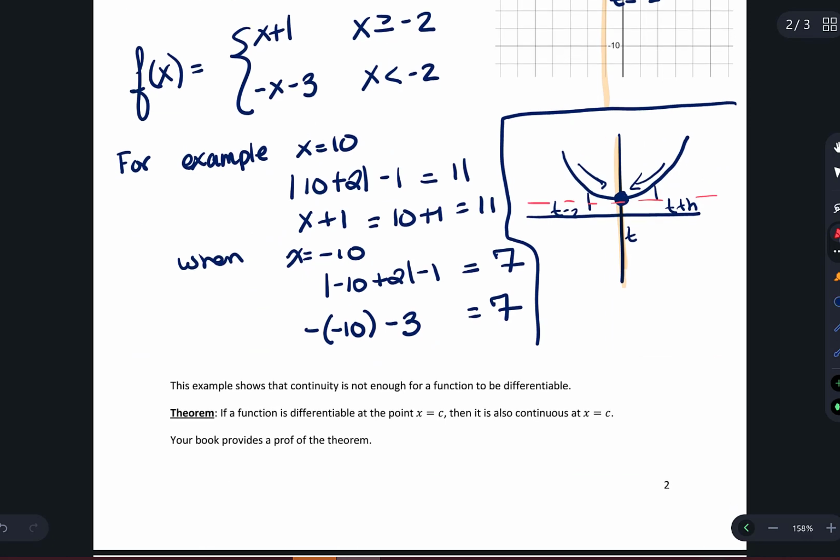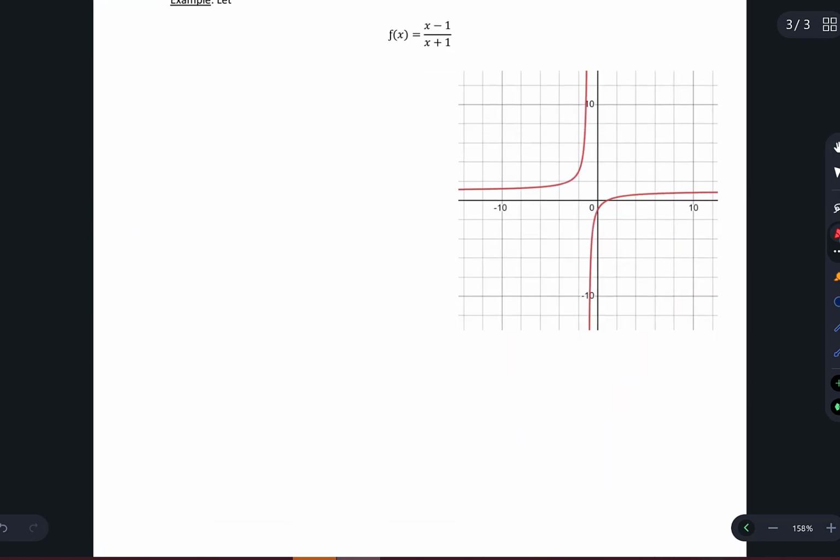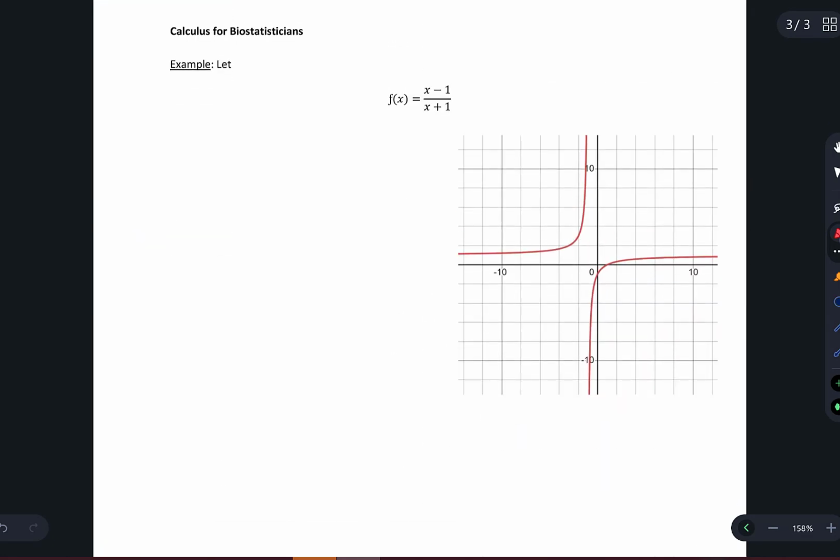All right, so let's look at another graph. Here f of x is equal to x minus 1 divided by x plus 1, and here's what that graph looks like. Notice if we look at x equal to -1, roughly drawing on here, we can see that we're going to end up with a similar issue.